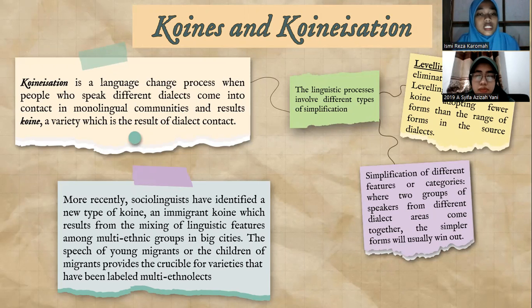In these varieties, the majority language might serve initially as a lingua franca, but the new multi-ethnolects soon develop very distinctive features as a result of the many different languages and dialects which different speakers bring to its construction. That is about koines and also koineization.